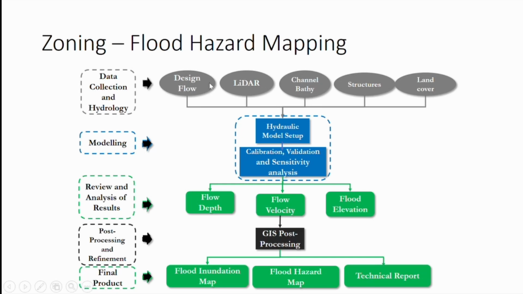Once that is done, you can estimate your design flow, and together with information on the topography, the channel cross sections, hydraulic structures within your floodplain such as culverts, bridges, dams, and the kind of land cover within the floodplain and the river, we can carry out hydraulic routing.